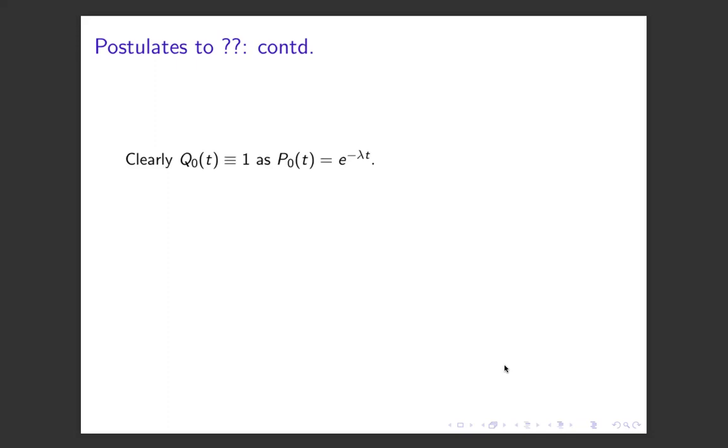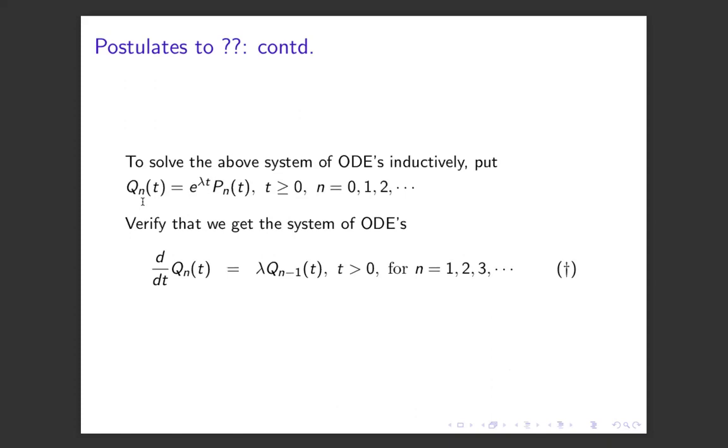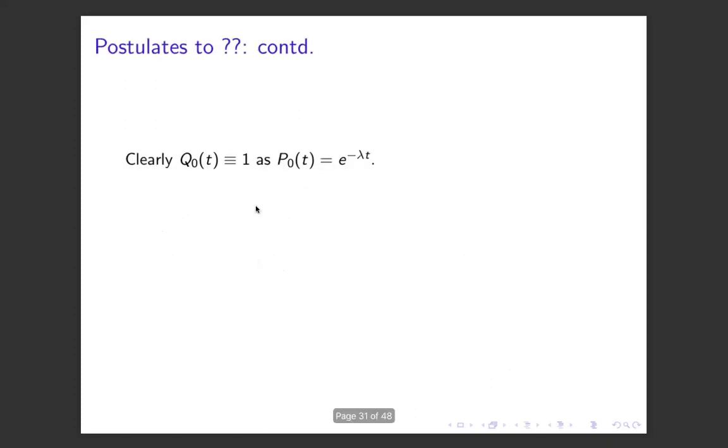So note that Q sub 0, when you put n equal to 0, since we know this P_0, is identically equal to 1, because we already know P_0(t) is e to the power minus lambda t.